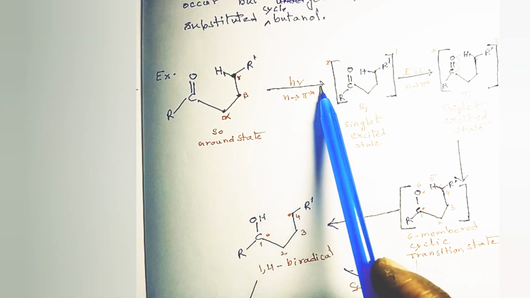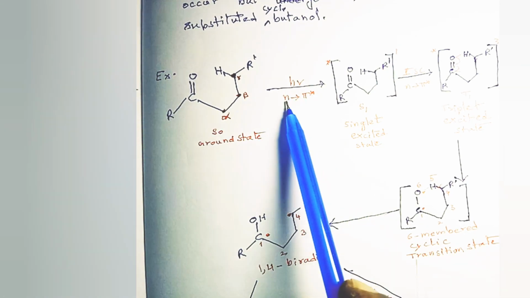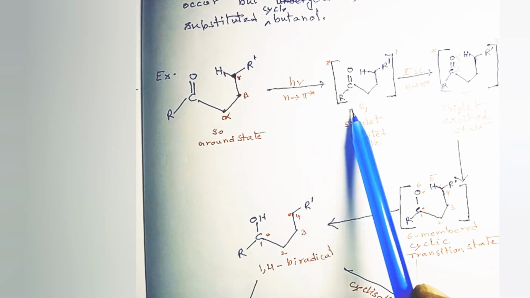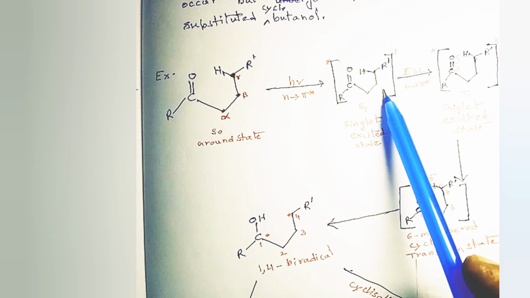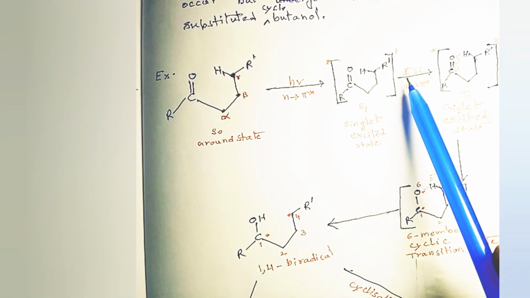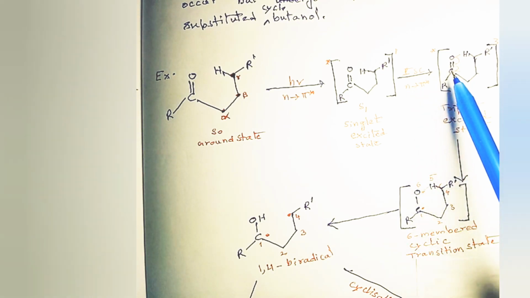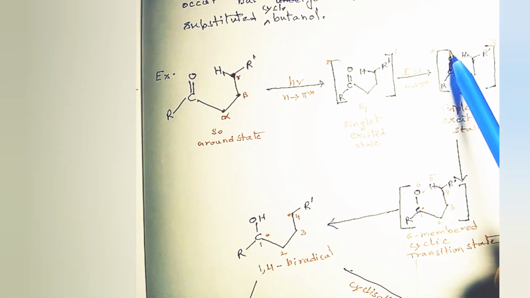Upon irradiation by UV light, it undergoes n to pi star transition and enters the singlet excited state. From the singlet excited state, through intersystem crossing, it enters the triplet excited state.